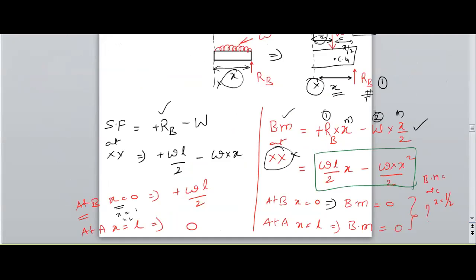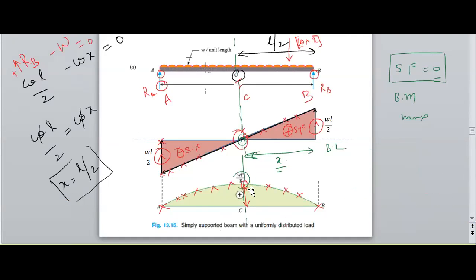So that is the bending moment at x is equal to L by 2, at C. w L square by 8 is the bending moment at C.